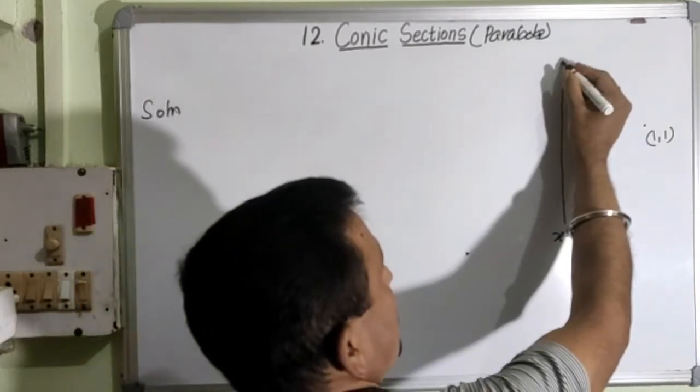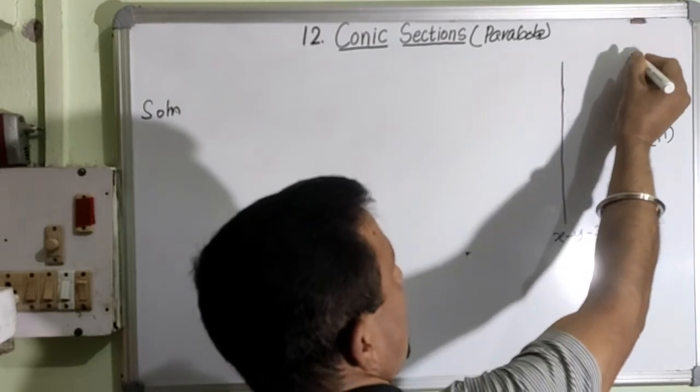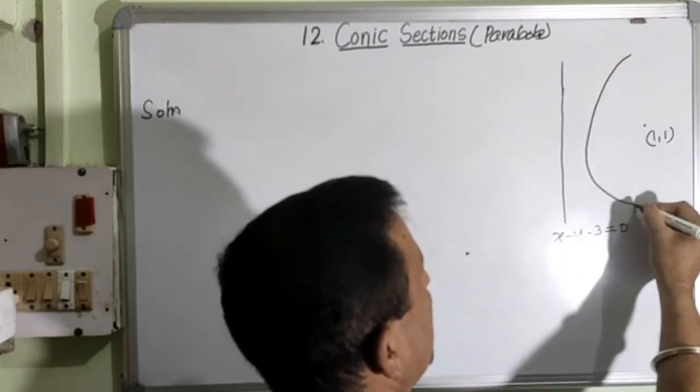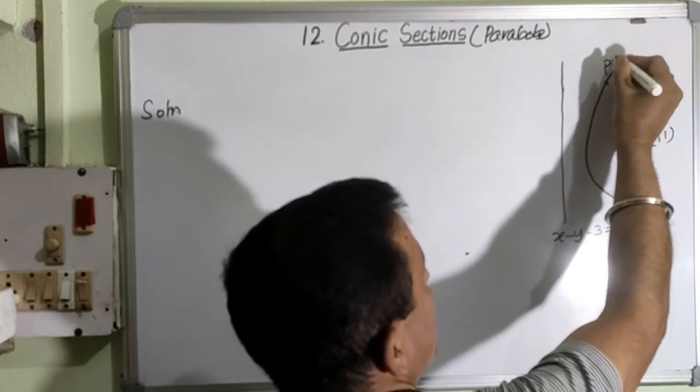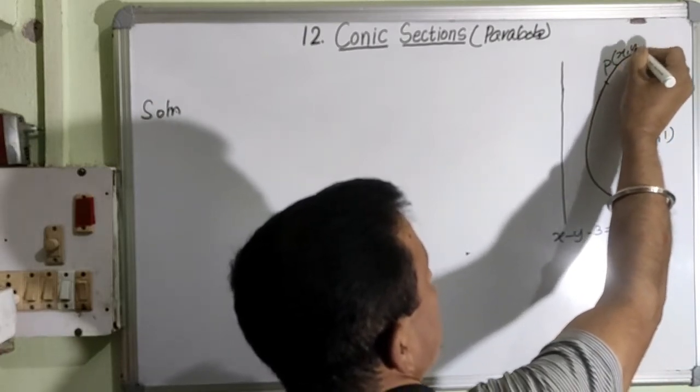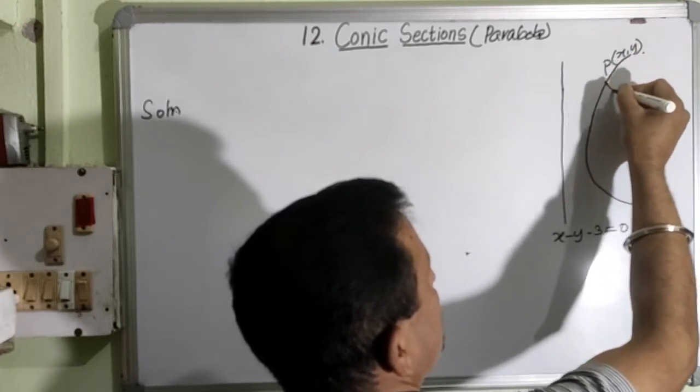Now, to find the equation of the parabola, we are drawing the parabola here, and then on this parabola, same as the previous question, we can mark a point as P, and the coordinate of that P can be assumed as (x, y). Then join this P to the focus.